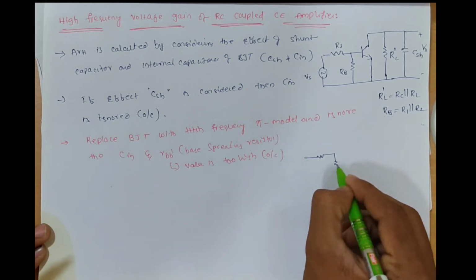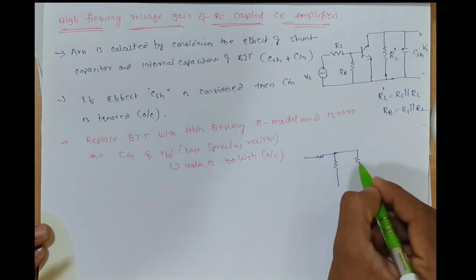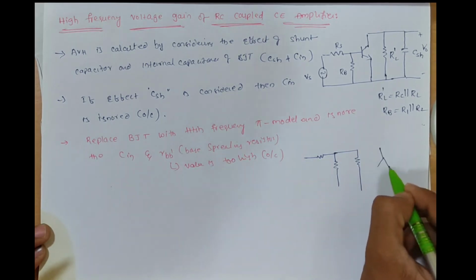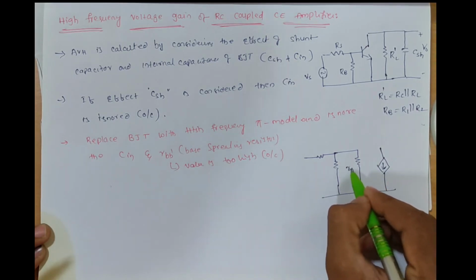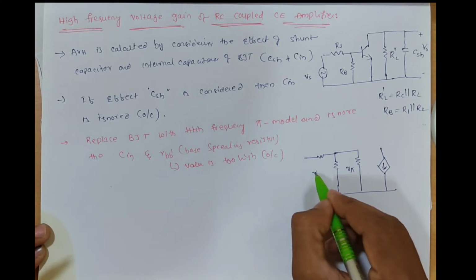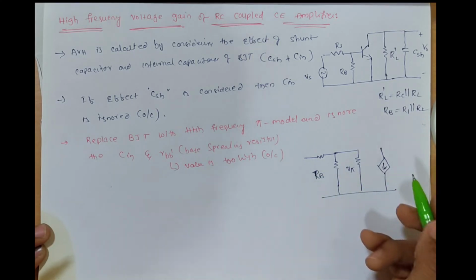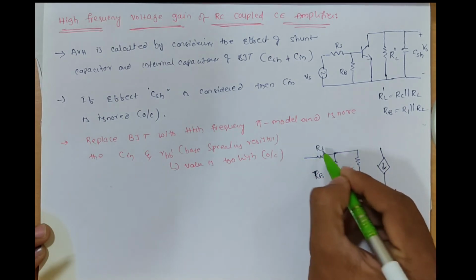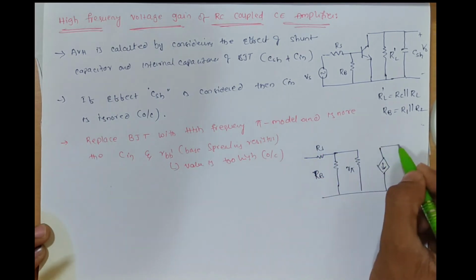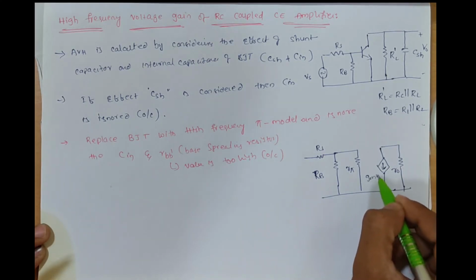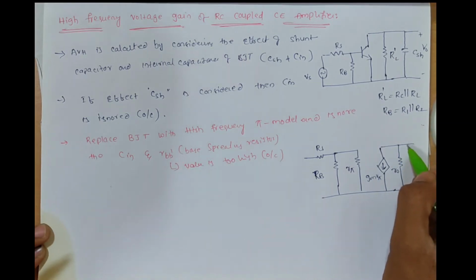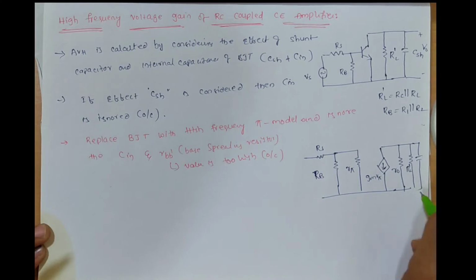This is RS, RB, this is V pi, this is gm into V pi, this is r pi, and this is RB, this is RS, this one is r0, this is gm into V pi. V pi is nothing but the input voltage, and this one is R dash L, this is CSH.